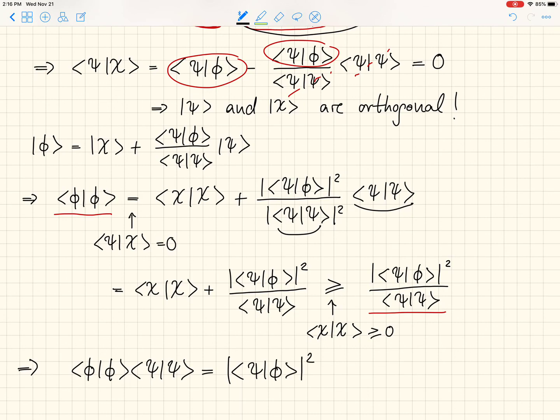And of course, this should not be an equal sign. Whoops. But what we just proved is that it's larger or equal. Okay. And so now in the next piece, we will use the Schwarz inequality to actually prove the generalized uncertainty principle.